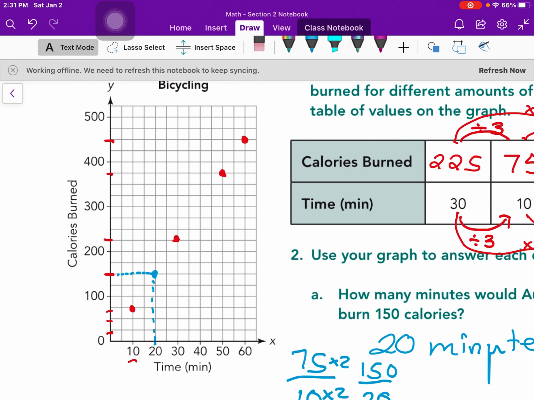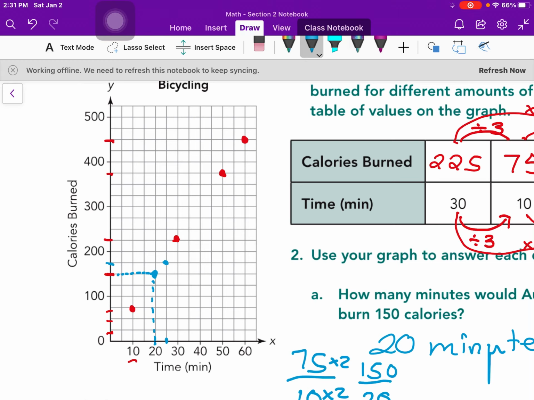And so that's halfway in between those two, which should mean it should be halfway in between these two. So it should be roughly about there-ish, right?